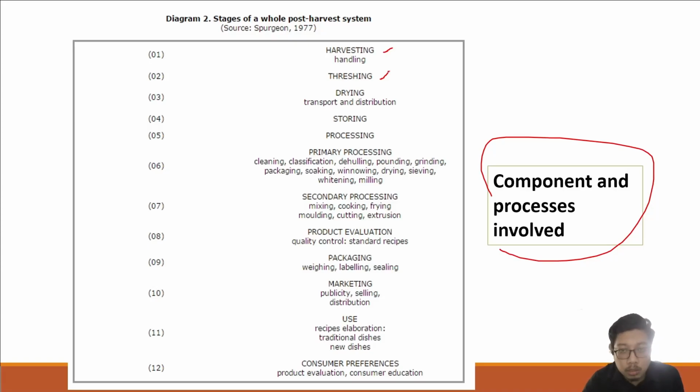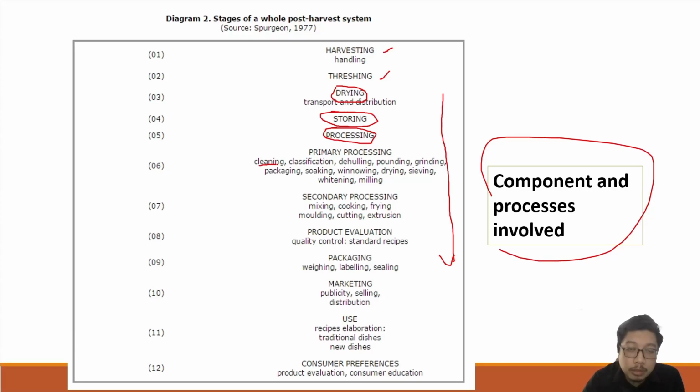Usually we have a proper pack house where all of the other processes are conducted. In the pack house, we have the drying process, we also have the storing process, and processing.